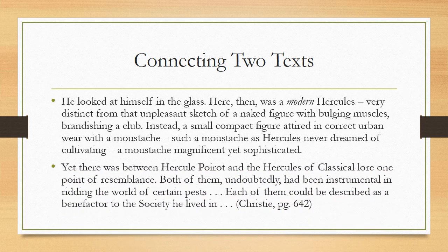Yet there was between Hercule Poirot and the Hercules of classic lore one point of resemblance. Both of them undoubtedly had been instrumental in ridding the world of certain pests. Each of them could be described as a benefactor to the society he lived in.